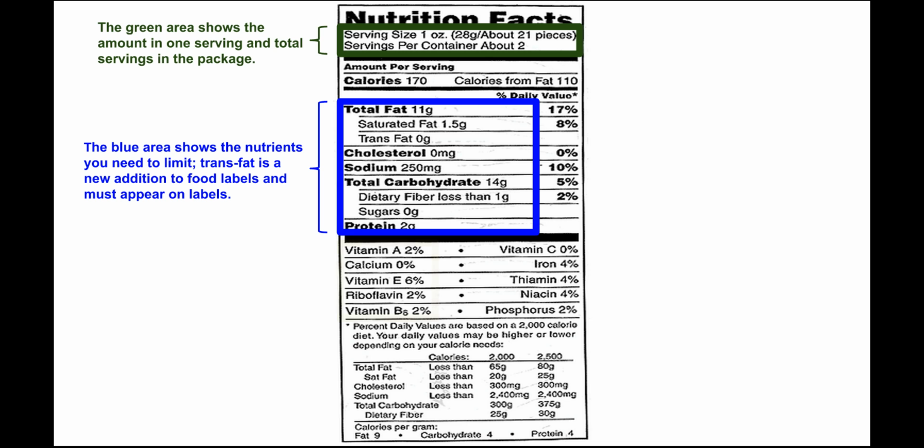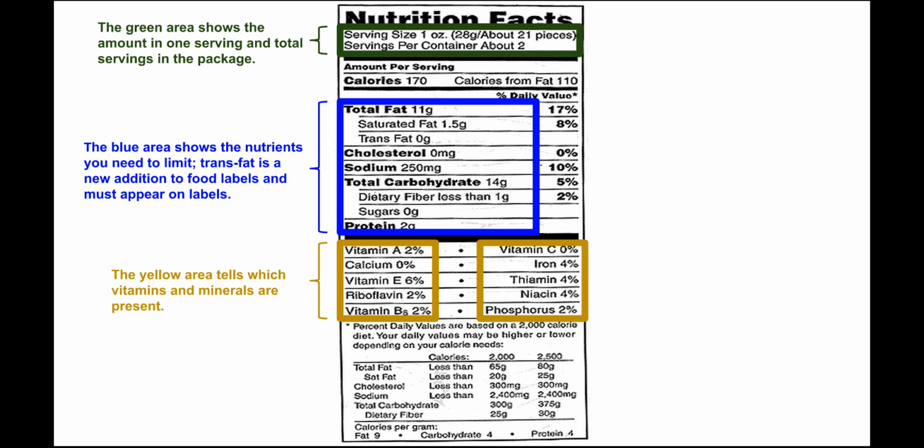The yellow area. The yellow area tells which vitamins and minerals are present. In this label, we see vitamin A at 2%, calcium at 0%, vitamin E at 6%, etc. The gray area.